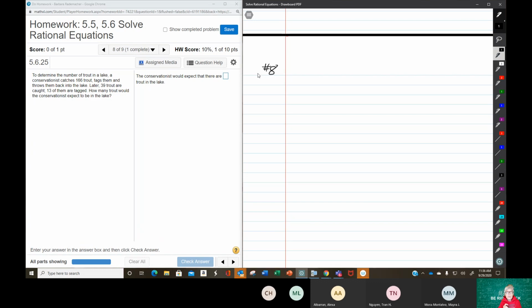To determine the number of trout in a lake, a conservationist catches 166 trout. Poor trouties. Tags them and throws them back.